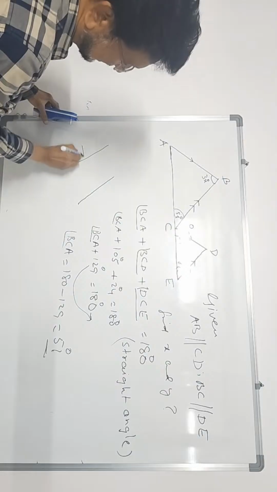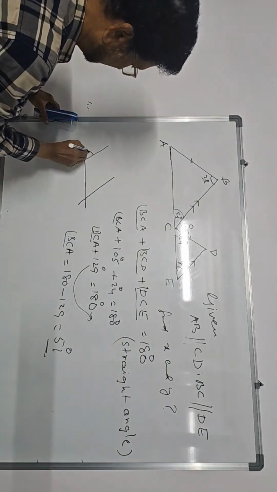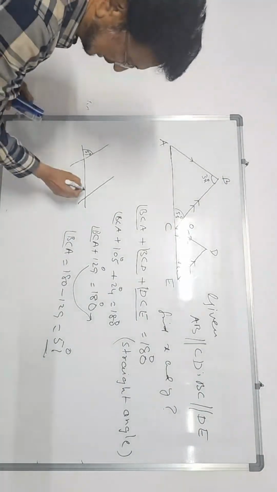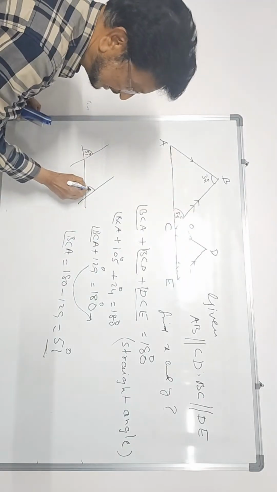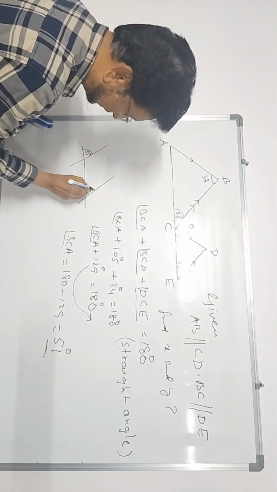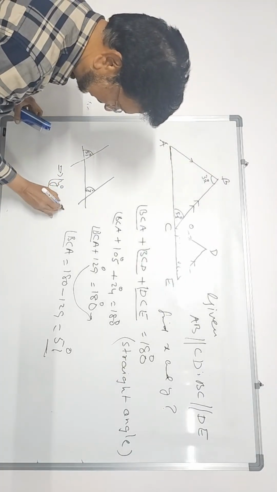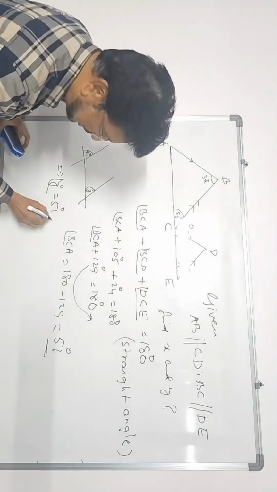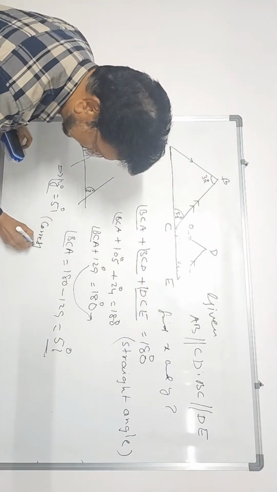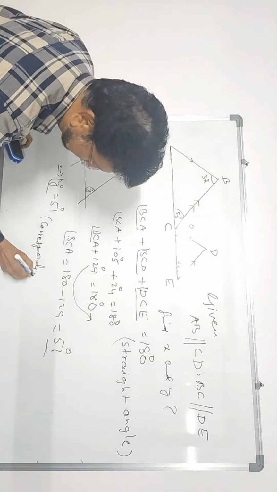If a line is cutting like this, if this angle is 51 degree, this also be 51 degree. This is Y he is saying. You can write that Y is equal to 51 degree. Why they are equal? Corresponding angles you can write.